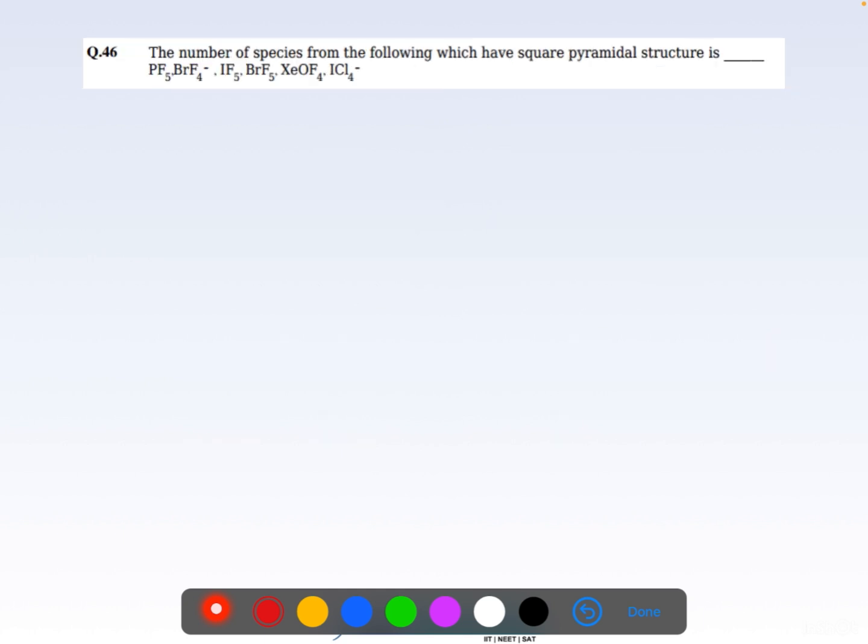Option is C. The number of species from the following which have square pyramidal structure is. So here PF5 has a trigonal bipyramidal structure. BrF4 minus: bromine has 7 valence electrons, minus charge means 8. Out of 8, 4 will be involved in bonding with fluorine atoms, and the remaining 4 electrons will be 2 lone pairs.